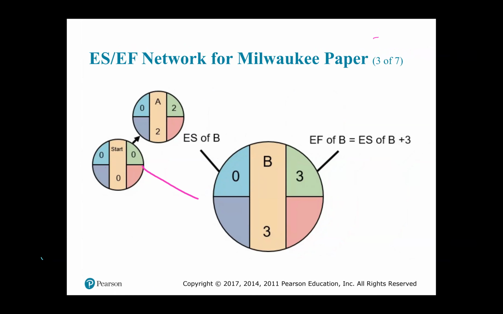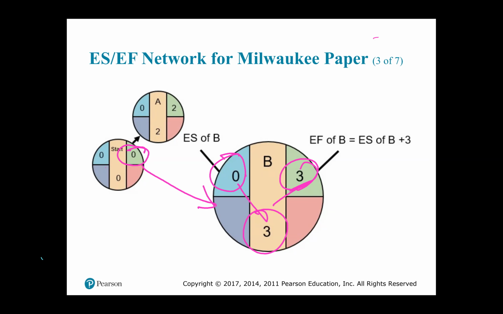So out of the start node, you will also have your activity B. Notice because activity B has as its immediate predecessor the start node, then the early finish of the start node will become the early start of activity B. And so the addition of the early start of activity B, which is 0, plus the activity time will give us the early finish of activity B.